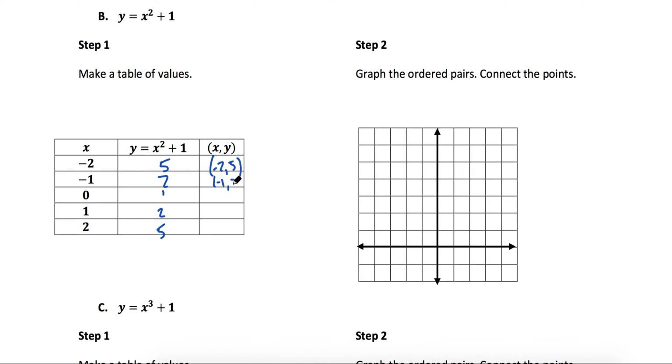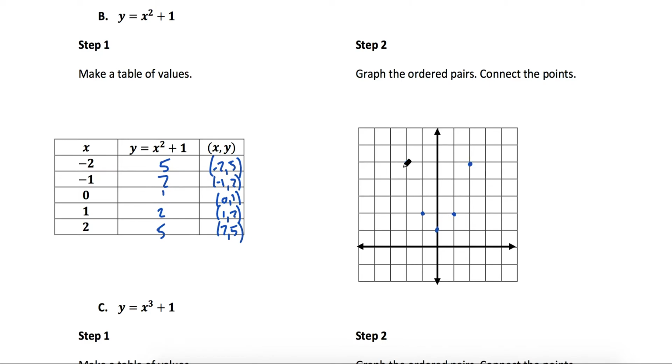That's -1, 2, 0, 1, 1, 2, 2, 5. So go ahead and graph this: -2, 5, -1, 2, 0, 1, 1, 2, 2, 5.